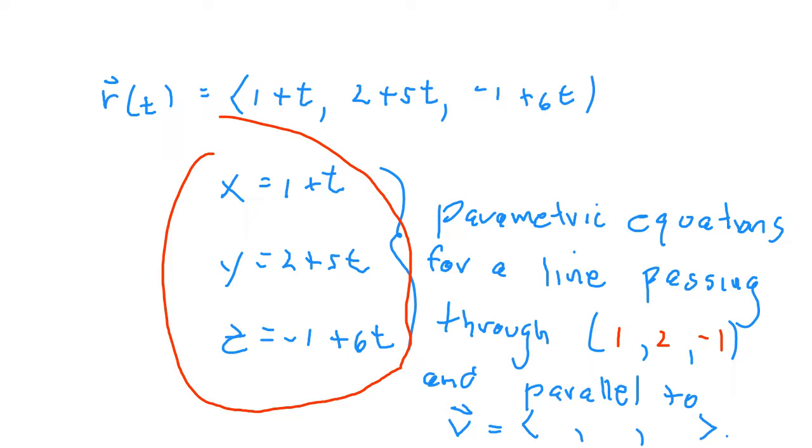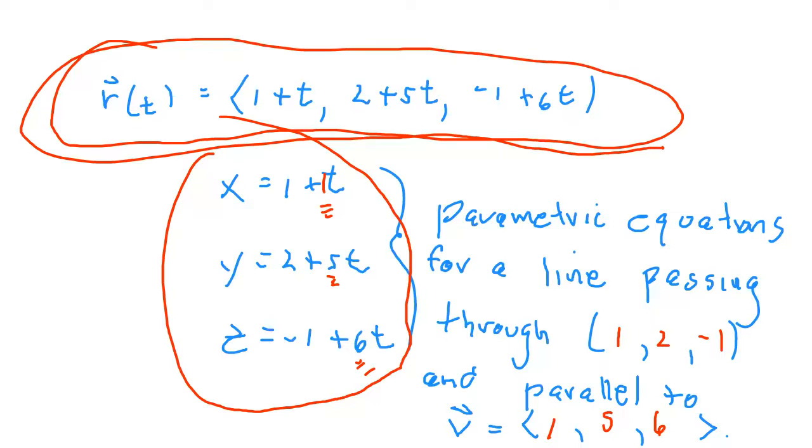Good. 1, 5, and 6. Those are the coefficients of the t's. Notice t can go from negative infinity to positive infinity. There's no limitation on the domain of this vector function. That's a line through space. That's all it is.